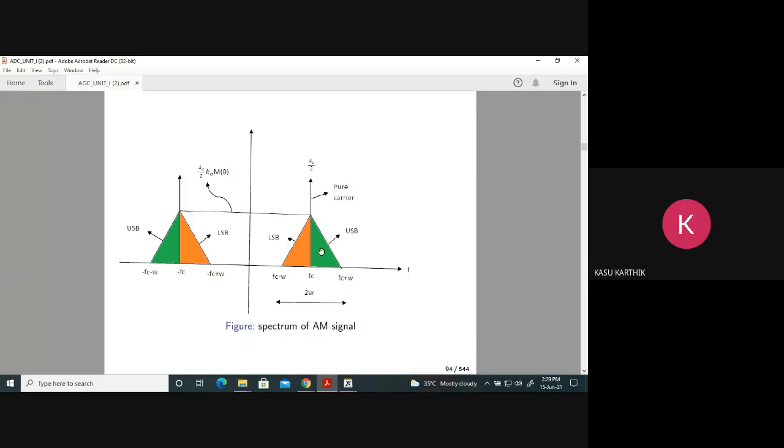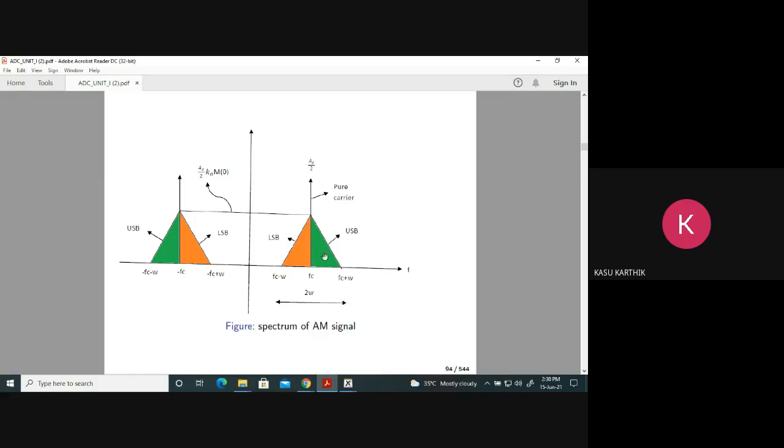Both sidebands are identical, which means we are transmitting our message twice. Why? Because the upper sideband has a bandwidth of W, and the lower sideband also has a bandwidth of W, so each sideband contains the entire information about the message signal.